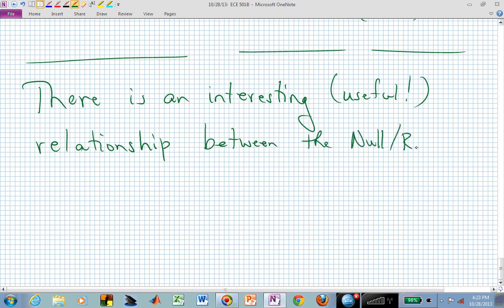And I'll just say sort of this null slash range, and those are spaces of T and its adjoint.